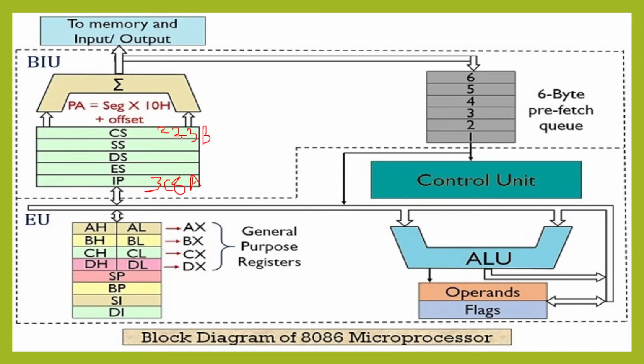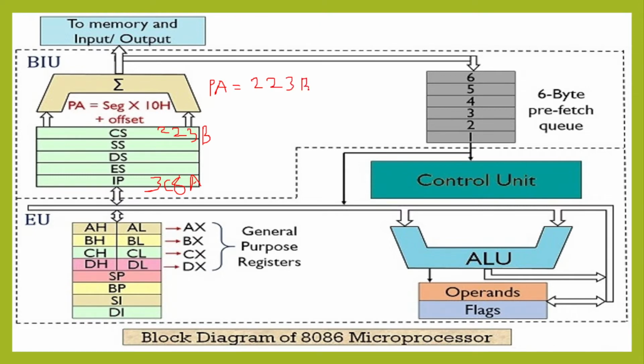We assume 223B is the code segment starting address, and the instruction pointer gives the offset address 3C8A. Let us find the physical address here. The physical address equals segment times 10 plus offset. The segment, as you already know, is 223B, and multiplying it by 10 means a zero is appended. That's it.